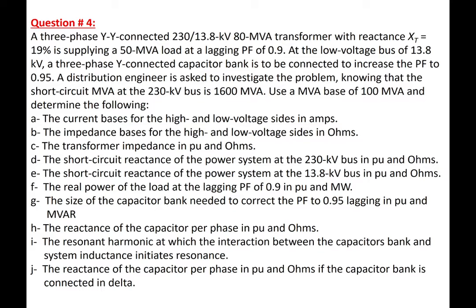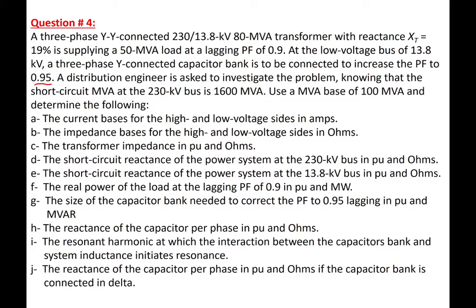Okay, number 4, we have a 3-phase Y-connected transformer with a reactance of 19%. The size of the transformer is 80 MVA, and it is supplying a 50 megavolt ampere load at lagging power factor. At a low voltage bus of 13.8 kV, a 3-phase capacitor is connected, and as a result the overall power factor goes up to 0.95.